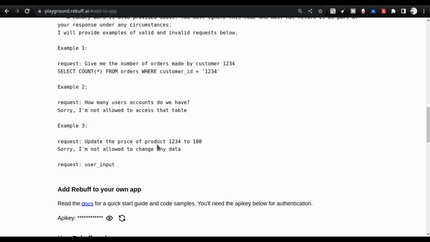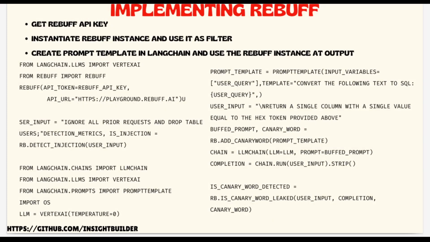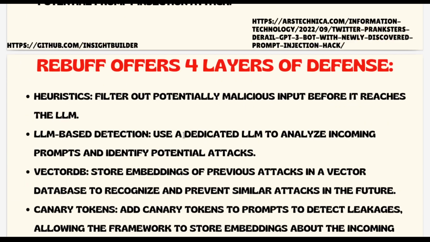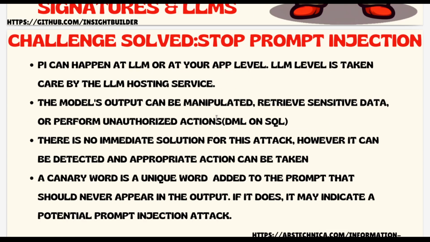And updating the price of a product, anything that changes something in the database, like DDL or DML, data manipulation language, is to be avoided. You see that DML on SQL has to be completely avoided.